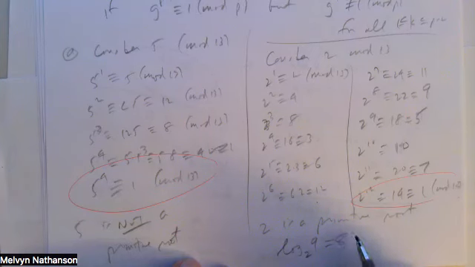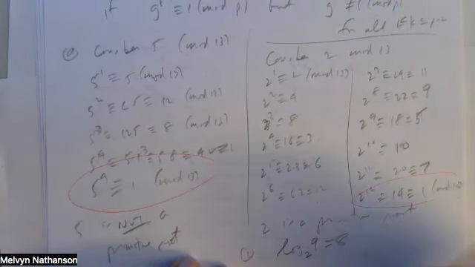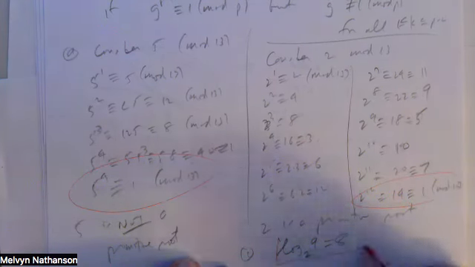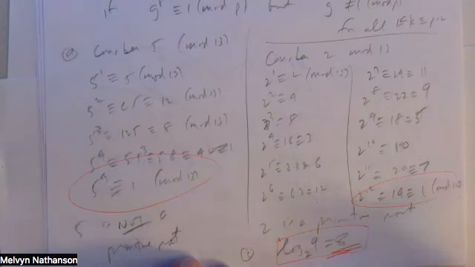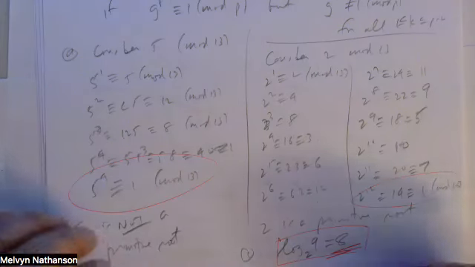It's the 8th power. So you just look at the table. 2 to the 8th is 9, so the log of 9 to base 2 is 8. That's problem 2.